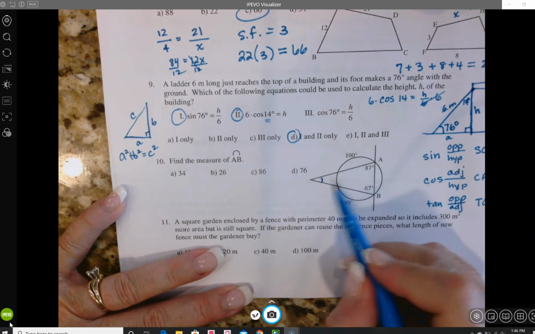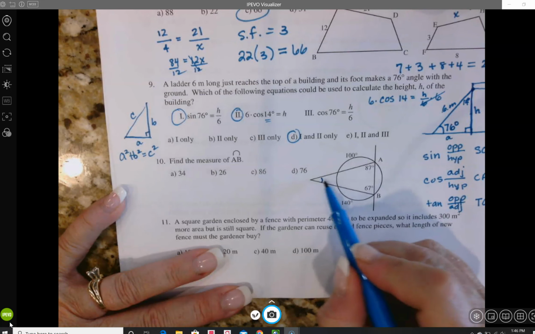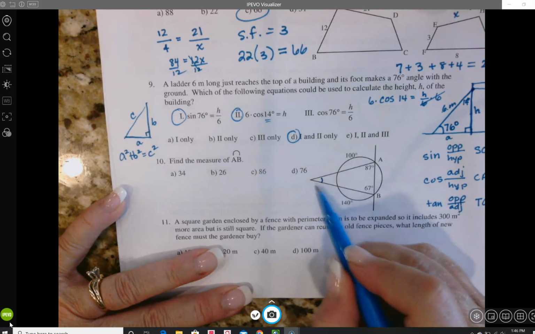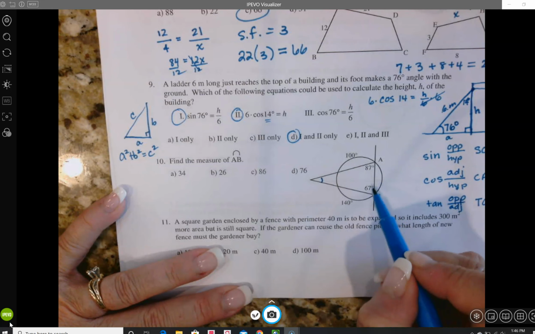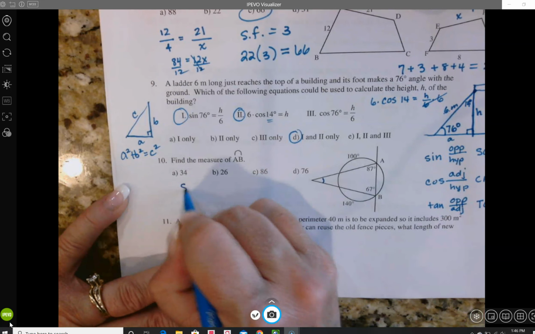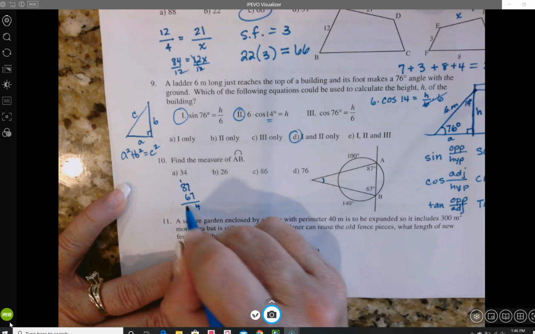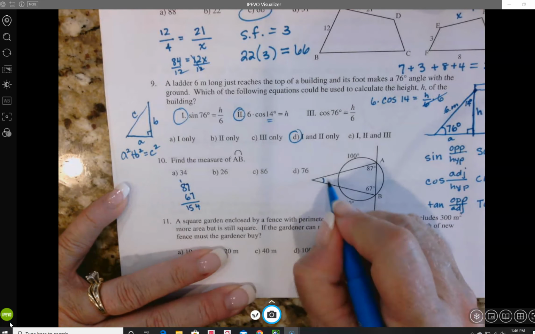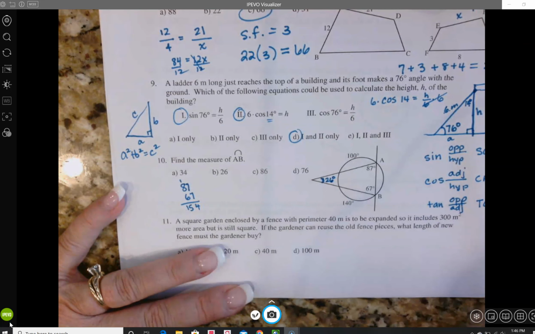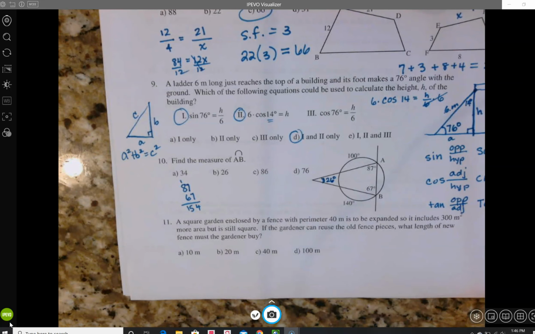So if I want to find this angle right here, it's in a triangle, and with the 87 and the 67, let's see, altogether that is 154, so that leaves 26 degrees right here for this angle. And there's a rule.